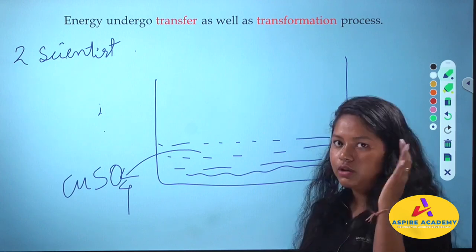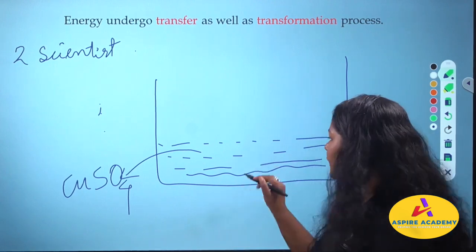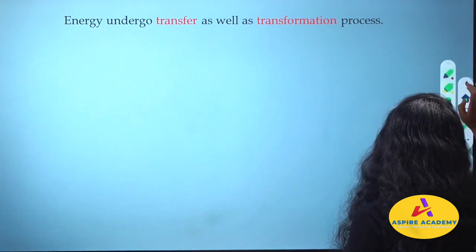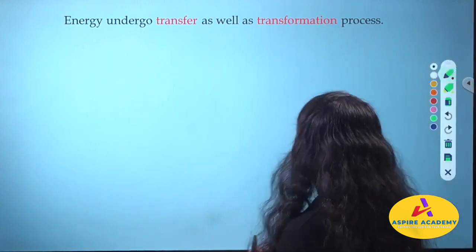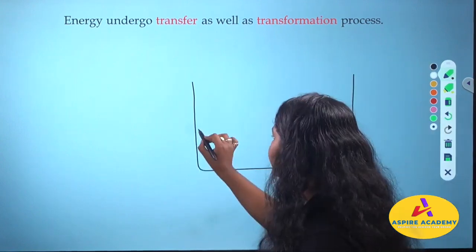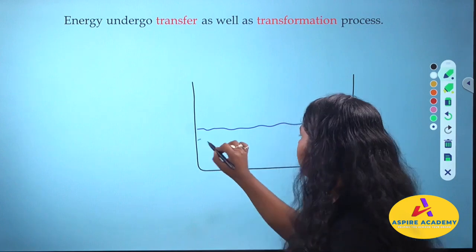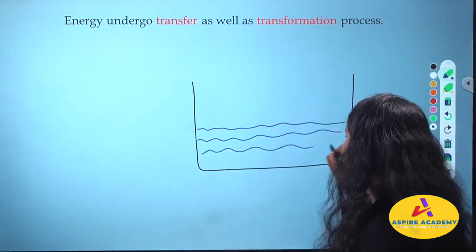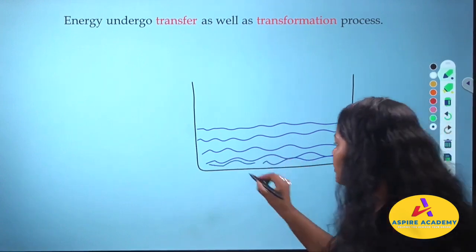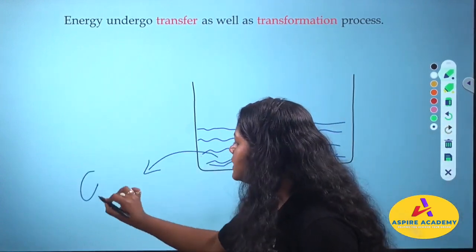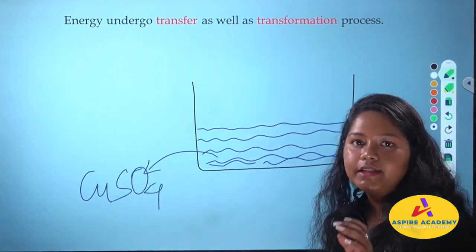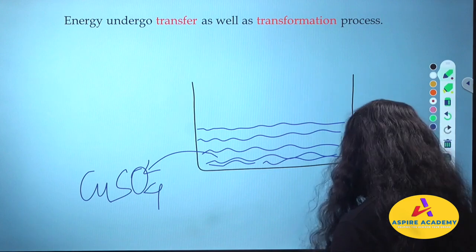Copper sulfate solution is blue in color. Let me draw it nicely. There was a beaker, and inside that beaker they poured some blue solution, CuSO4, copper sulfate solution. Now what did they do?